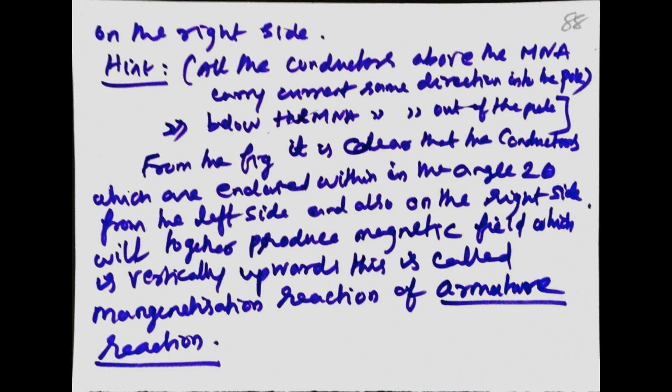All the conductors above the MNA carry current in the same direction, into the pole. Below the MNA, conductors carry current in the same direction, out of the pole. From the figure, it is clear that the conductors enclosed within the angle 2 theta on the left side and also on the right side together produce a magnetic field which is vertically upwards. This is called the demagnetizing reaction of armature reaction.